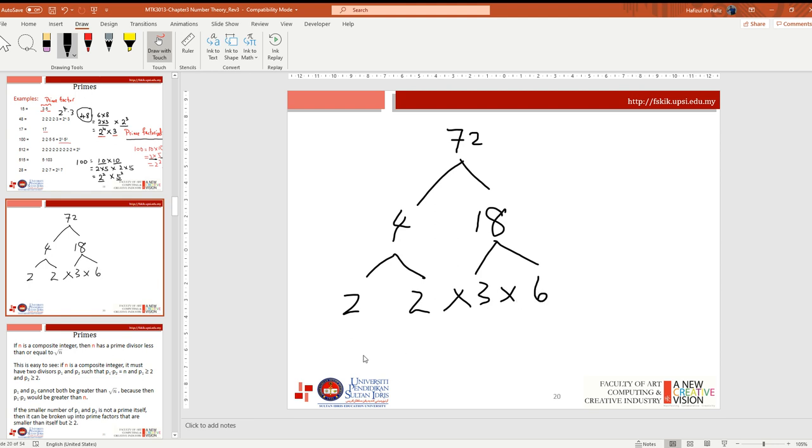Then the prime factorization: we get 2 multiplied by 2 multiplied by 3 multiplied by 2 multiplied by 3.